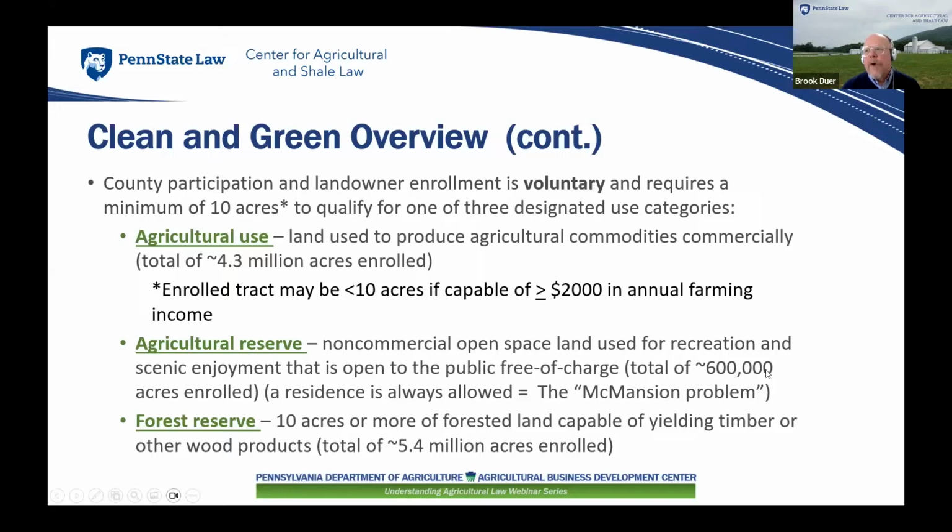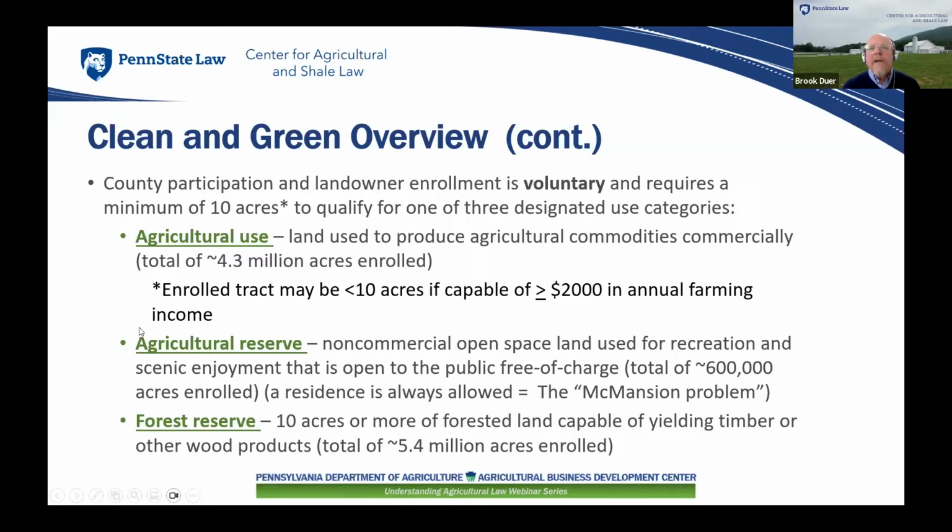There's a total of approximately 600,000 acres enrolled. A residence or a farmstead is always allowed in all three categories. Now, depending on individual county choices, that farmstead sometimes doesn't get the preferential tax assessment, just on where the buildings are, so to speak, and the curtilage around it.